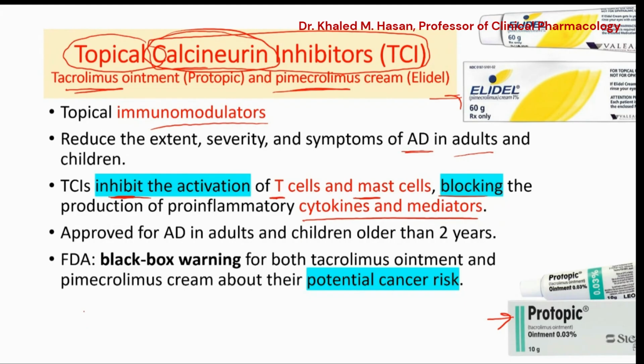I type: tacrolimus binds to calcineurin, inhibits calcineurin. This leads to inhibition of T cells and inhibition of mast cells.